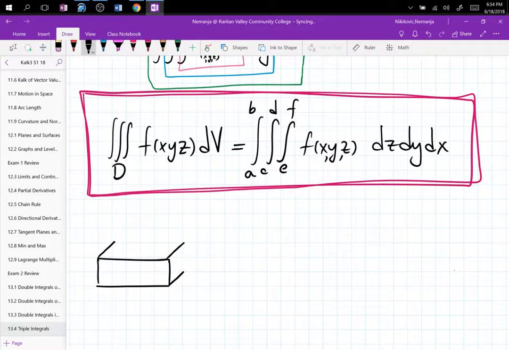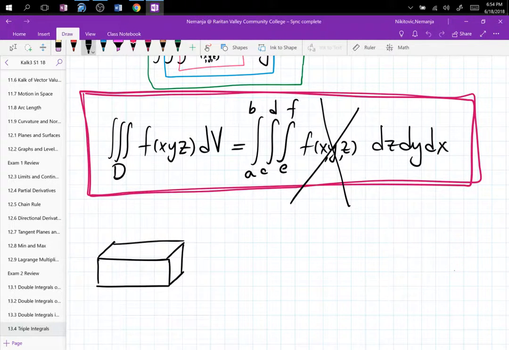If you take the function out, it's a volume, because you have 3 dimensions: dz, dy, dx. But if you put the function in, then that's a fourth dimension.